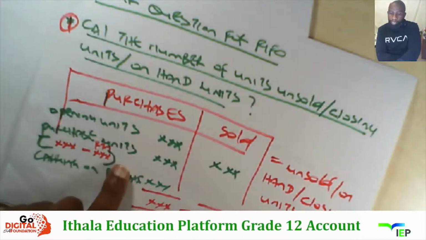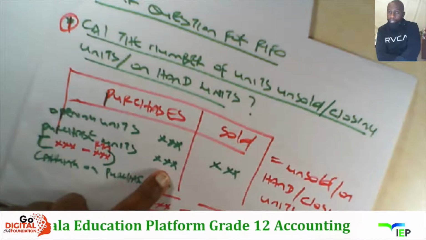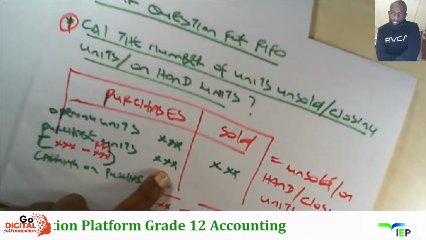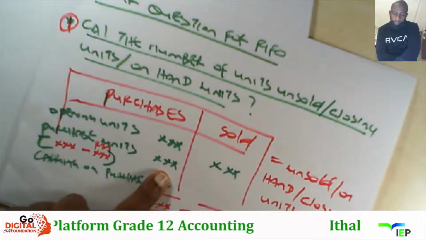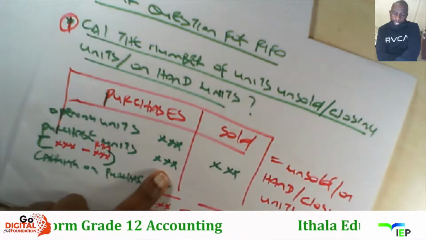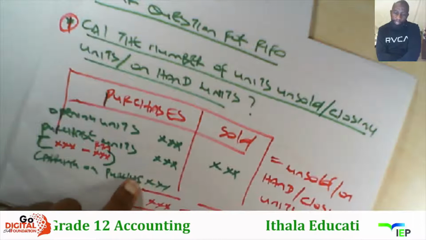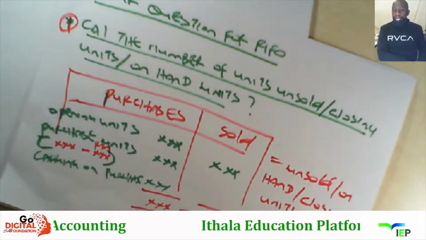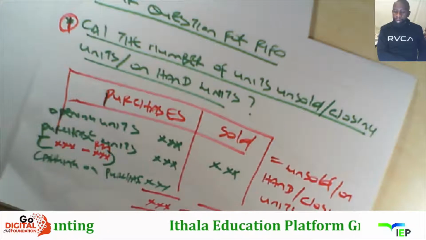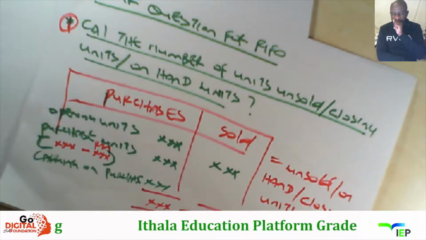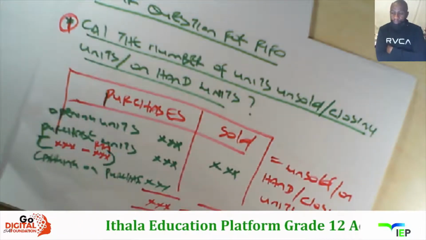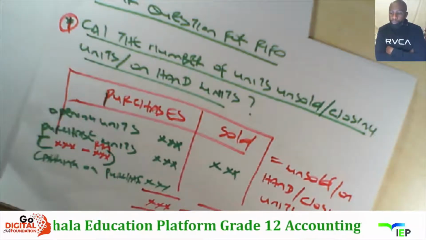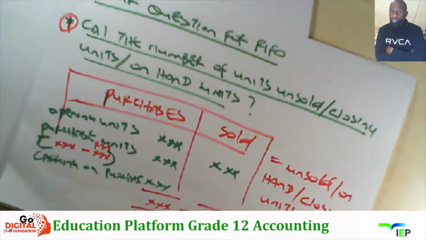So sometimes it can be just purchases. If it's purchases, we have to say purchases plus carriage on purchases, less returns or stolen, and then minus sold.